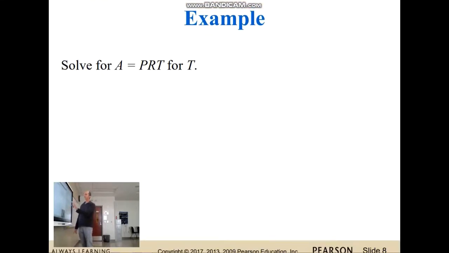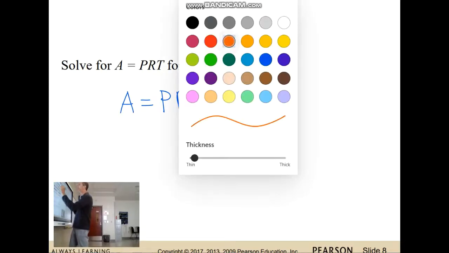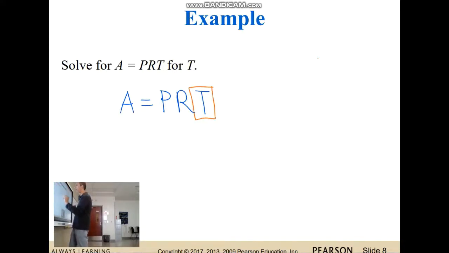Let's work a new example now. The equation here is A equals P R T, and we want to solve it for T. We want to move everything else to the other side and keep only T on this side of the equation.